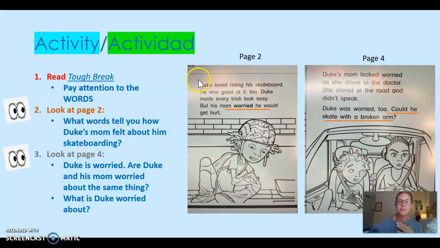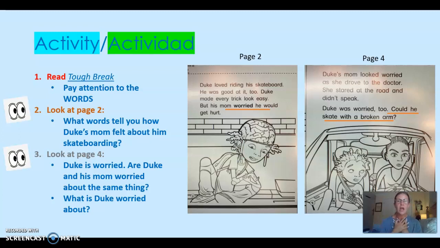So I'll read it to you. It says, Duke loved riding his skateboard. He was good at it too. Duke made every trick look easy, but his mom worried he would get hurt. And I see an emotion or a feeling on that page. I read that his mom was worried he would get hurt.